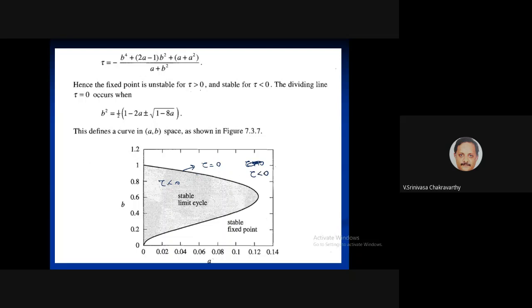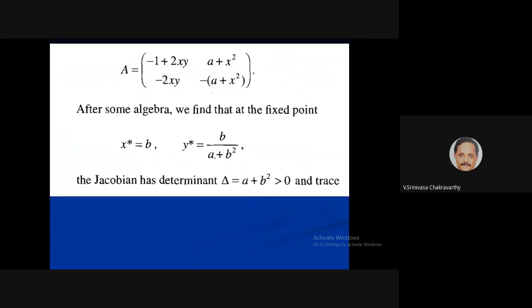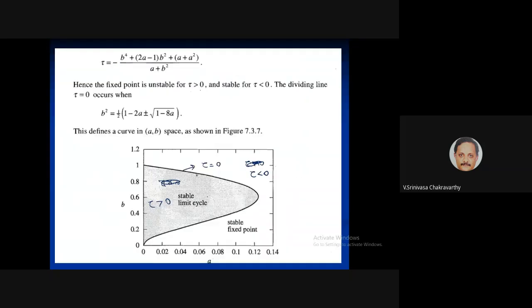Inside, the fixed point is stable, which does not give a stable limit cycle. If the fixed point is unstable, right here, then that will give you a stable limit cycle. So this is the condition under which we have an unstable focus, right? This point is unstable, and then this circle will give you all the flow going outwards.